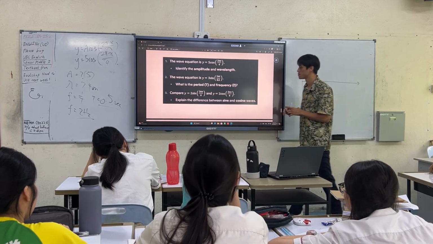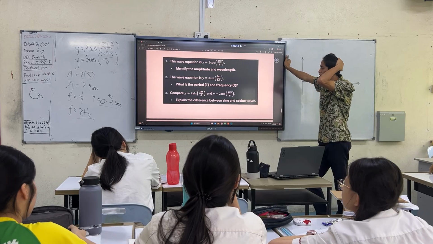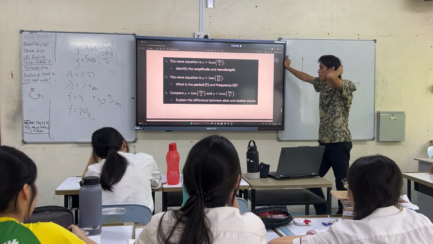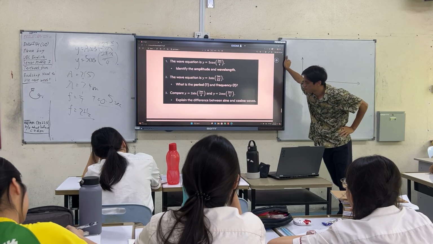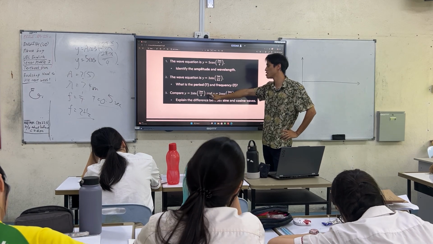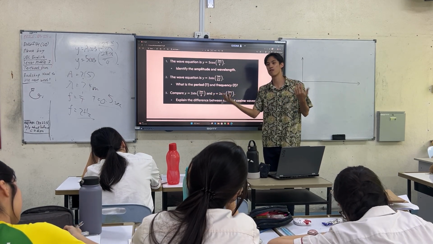And do the last one. What is the difference between 2 sine 2 pi x over 6 and 2 cos 2 pi x over 6? What is the difference between that? Over here it looks very difficult, but it's actually very easy. Sine and cos, it's just how the wave looks that is different.